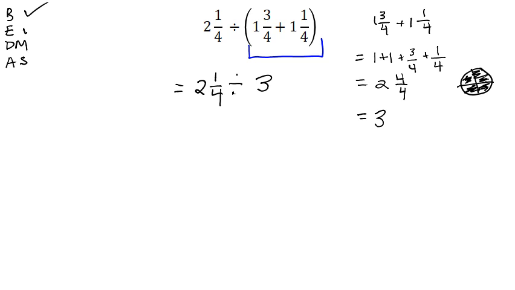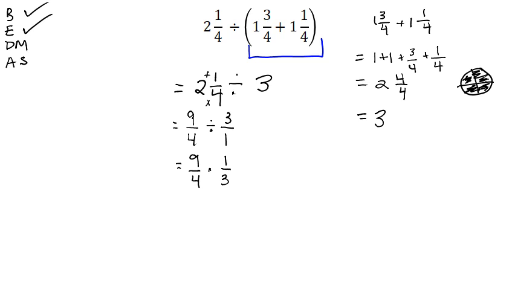Well, I've done brackets, I don't have exponents, I have division left, so I need to do my division. In order to do this division problem, I need to convert this into an improper fraction. So to do that, I do 2 times 4 plus 1. 2 times 4 is 8, plus 1 is 9. 9/4 divided by 3 over 1, and I can rewrite that as multiplication.